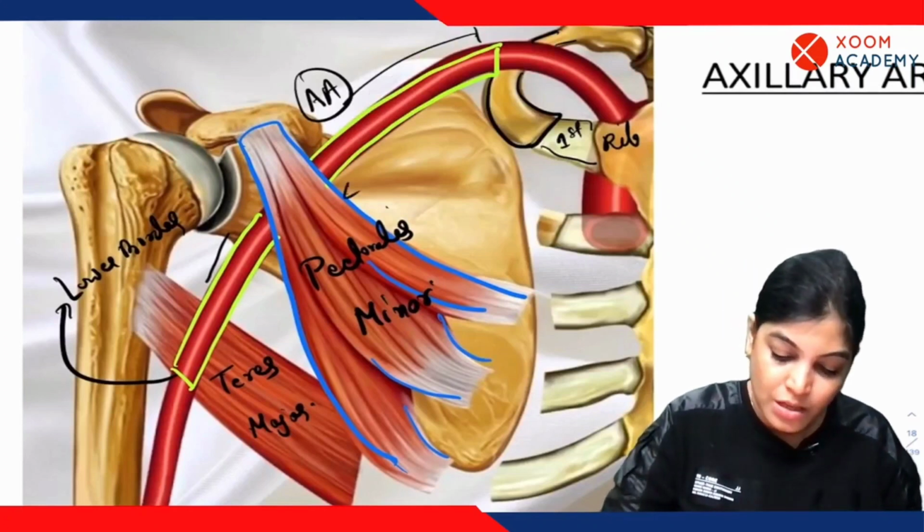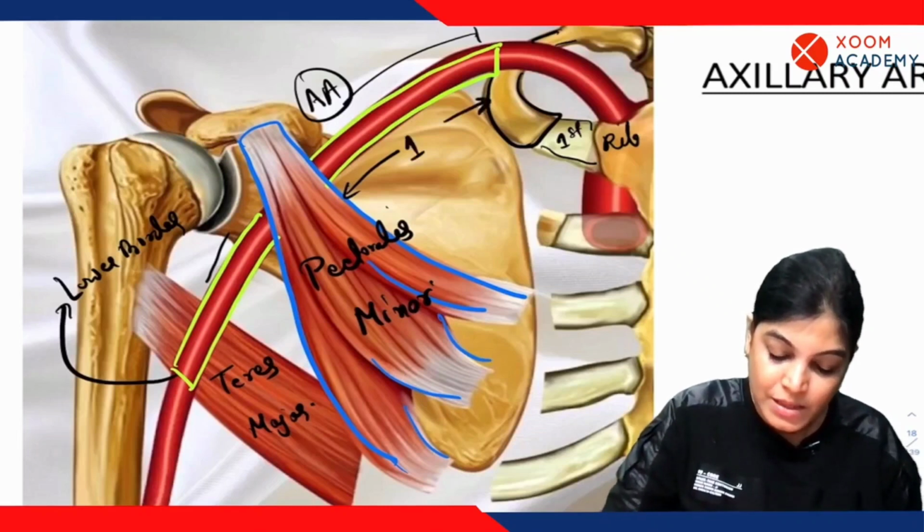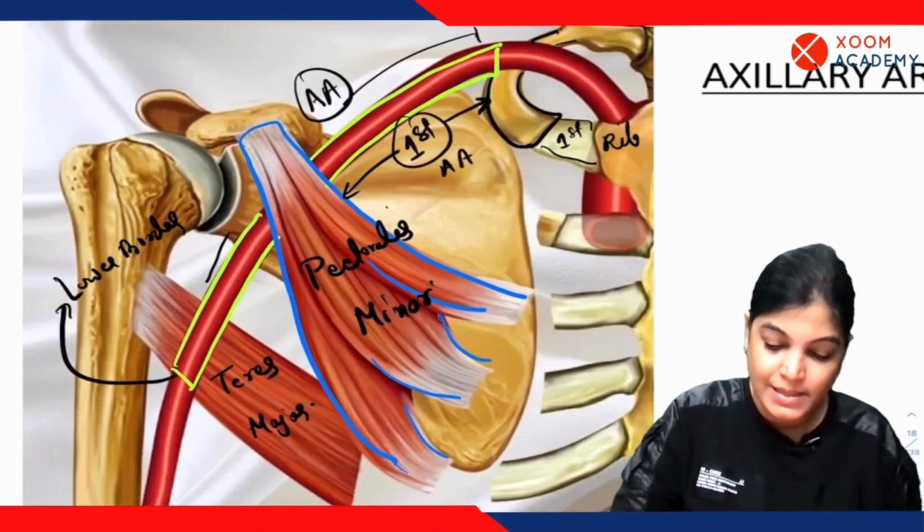So from outer border of the first rib till the upper border of pectoralis minor muscle, this becomes the first part of AA, meaning axillary artery.